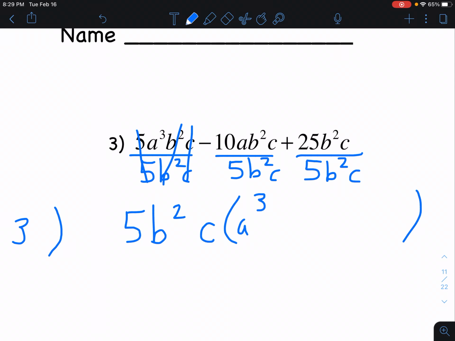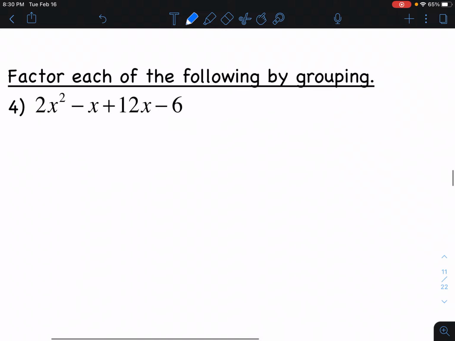All right, and then minus 10 divided by 5 is 2. And then an a carries down. b to the second cancels, and c cancels. And then I move on to the third one. 25 divided by 5 is 5. b squareds cancel, and c cancels. So that's done.